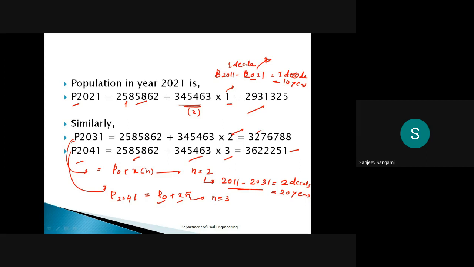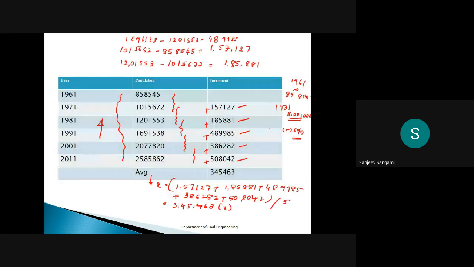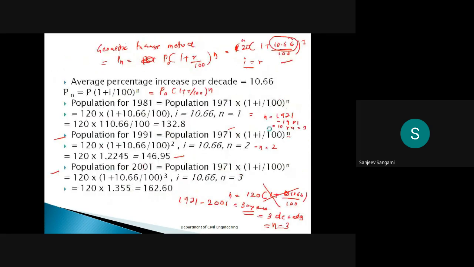If you have any difficulties, if time permits, we'll solve one or two problems again. Because time is very less, we go ahead with the other syllabus. So we have other population forecasting methods that we will discuss one by one.